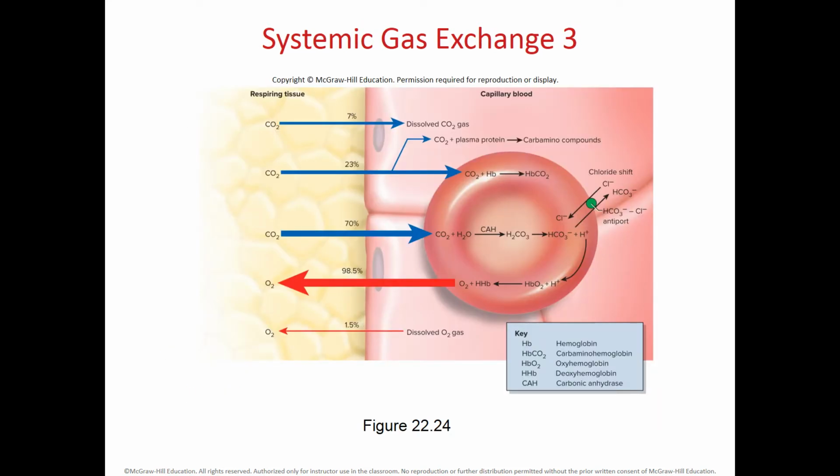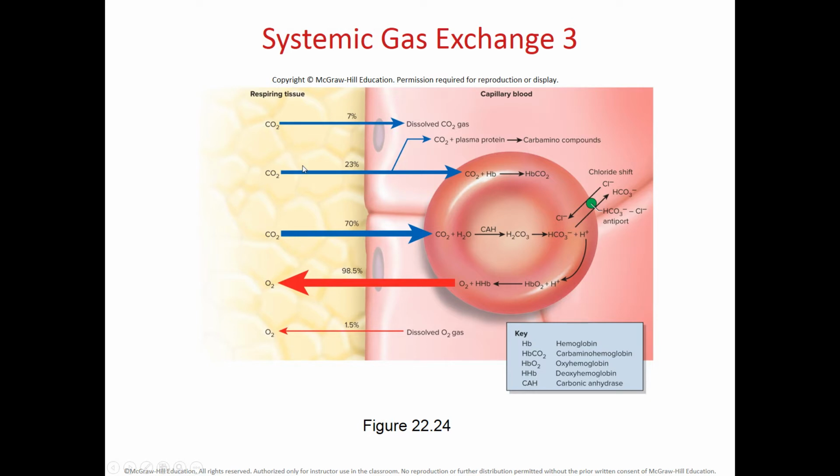So this is the diagram to show you what happens in the systemic gas exchange. Here we have the tissue cells, and here we have the capillaries with the plasma and the red blood cells.